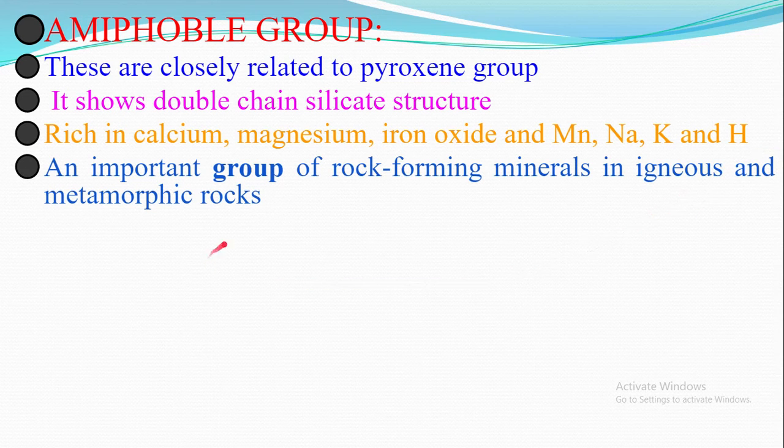An important group of rock forming minerals in igneous and metamorphic rock, like the pyroxene. If you check any igneous rock like granite, you will have quartz, then feldspar, then some dark color minerals. These dark color minerals are composed of some amphibole, some mica, and sometimes pyroxene.